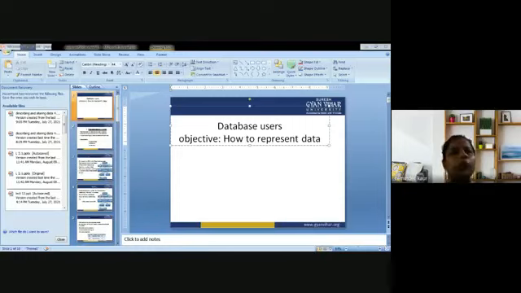So this is the way we are supposed to represent data. Data could be any raw data, but we represent it with the help of a model, meaning it becomes structured data. Now what does structured data mean? Structured data means data that has a particular meaning and serves a specific purpose.